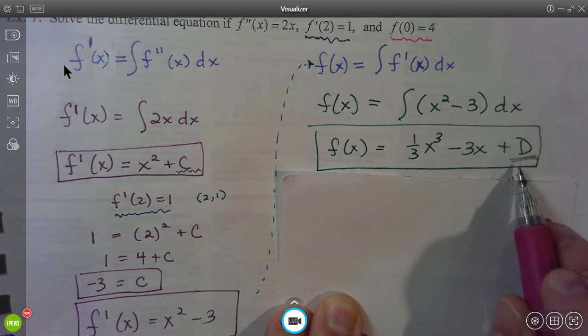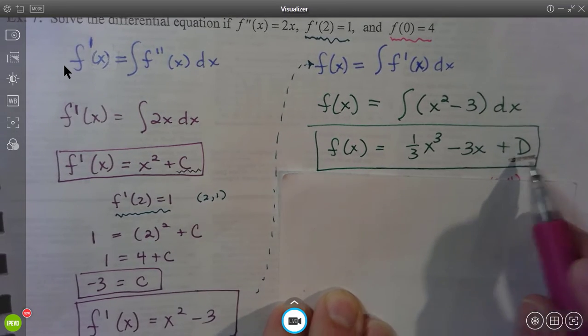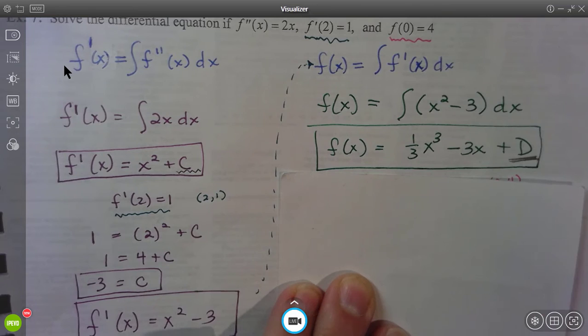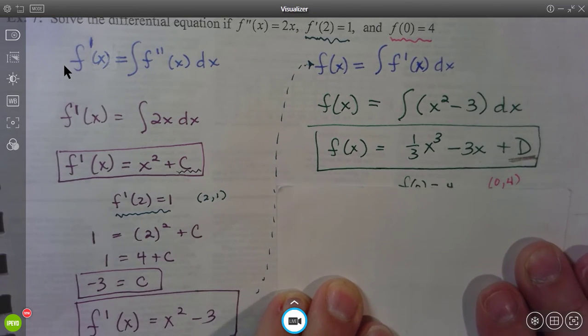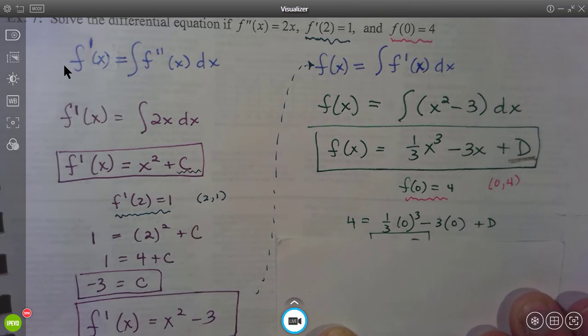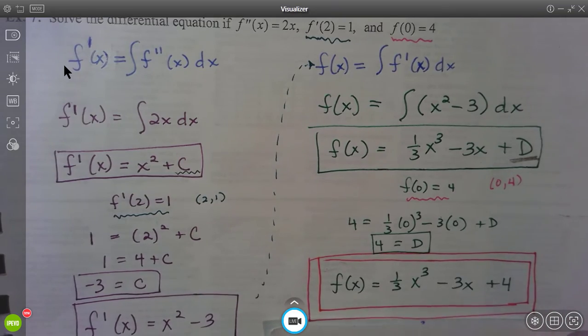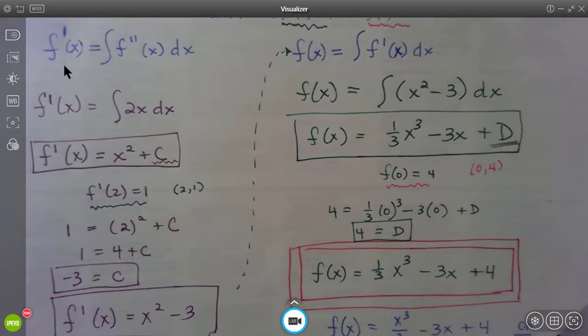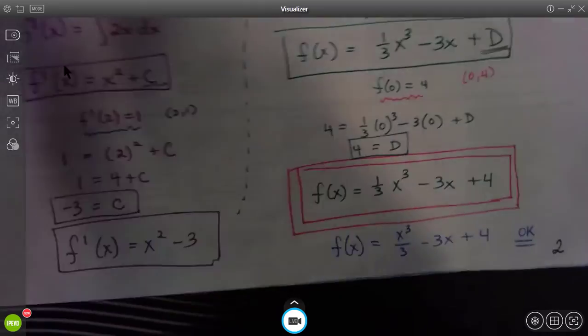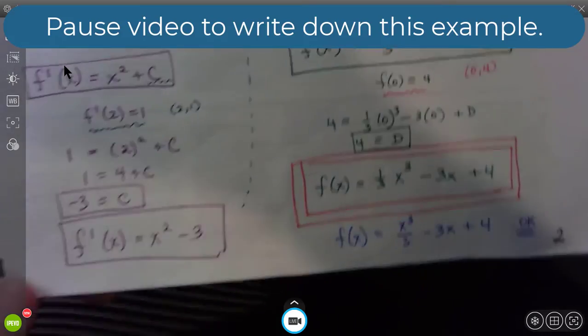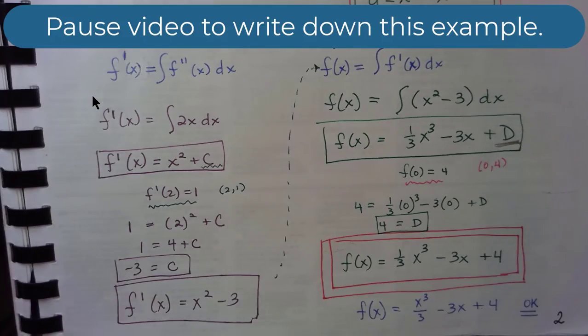So make it a different letter. Okay. And again, I have my initial condition. When x is 0, y is 4. Substitute in, and there we go. You can write it like this, or you can write it like that. Again, you may write down those notes.